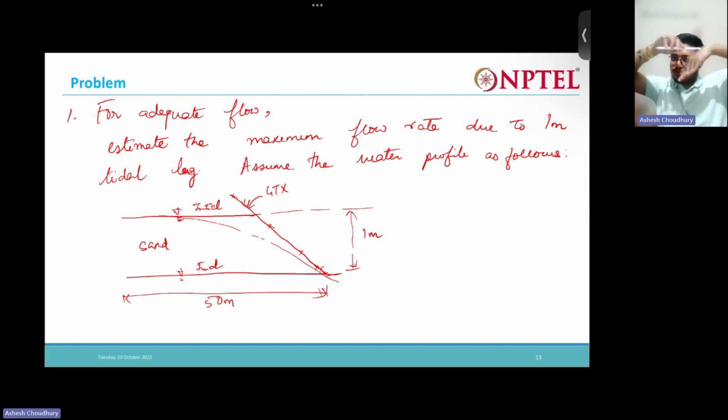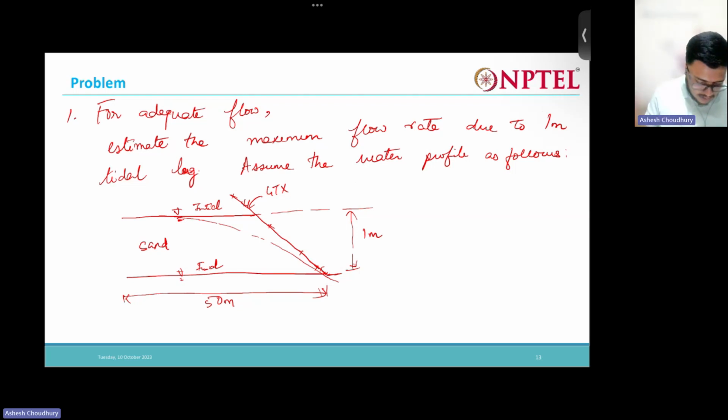We're assuming that this recession of water is at the maximum rate during the initial 2 hours.